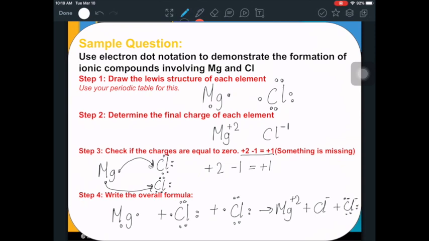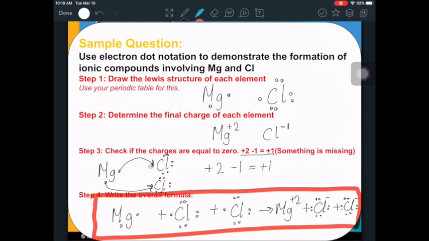Remember that if we have a charge of 1, we don't always have to write the number 1. We can just put a negative or a positive. So this right here is my overall reaction. You have everything at the beginning, all your Lewis structures, and then you have your charged particles at the end.